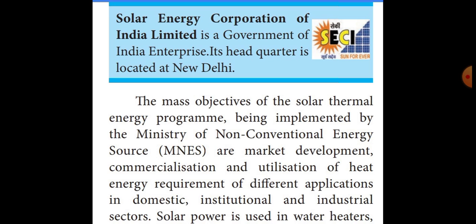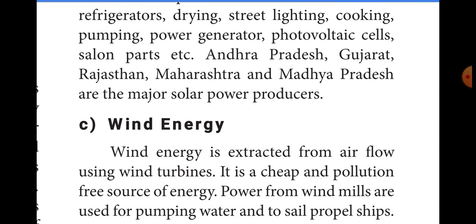Mostly, solar power stations are found in the states of Andhra Pradesh, Gujarat, Rajasthan, Maharashtra, and Madhya Pradesh. Thus the major solar power producing states are Andhra Pradesh, Gujarat, Rajasthan, Maharashtra, and Madhya Pradesh.